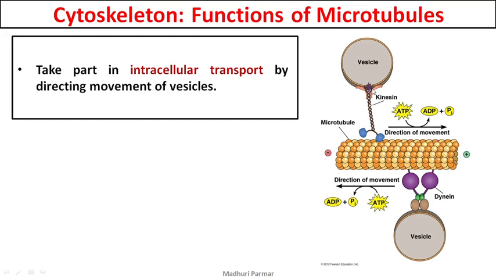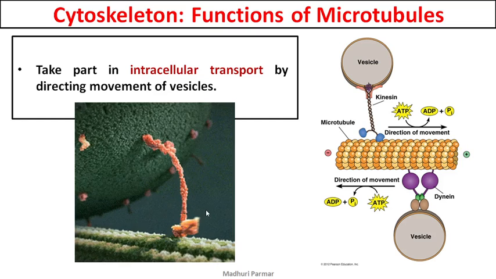If this vesicle is from the endoplasmic reticulum, and it should go to the Golgi body, then the microtubule and the motor protein, this is called a motor protein, will help this vesicle reach the Golgi body. Now let us see the video.